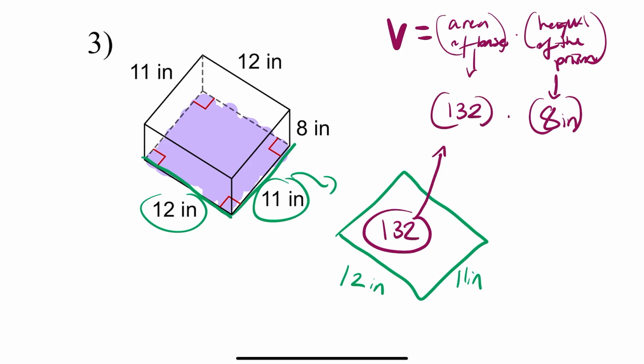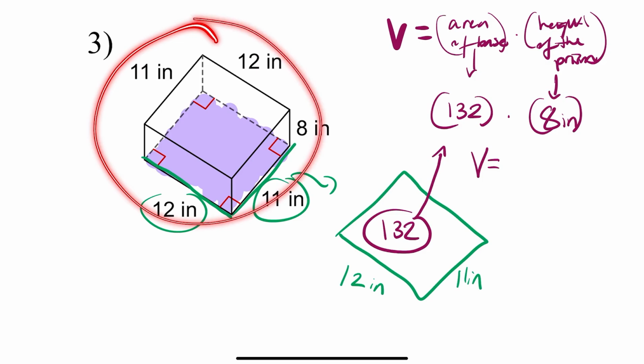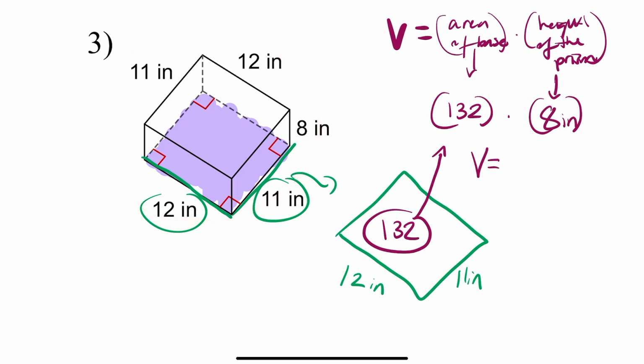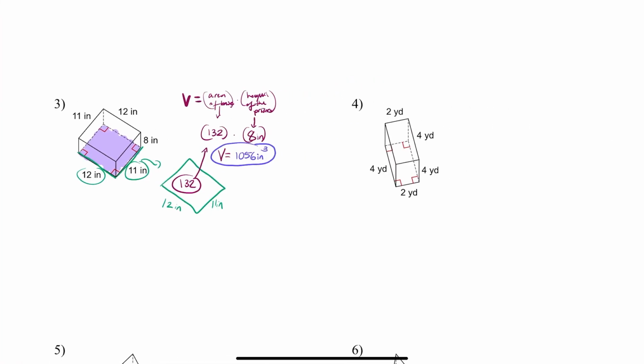And all that's left is to multiply the two together. So 132 times 8. The volume of the whole prism, if I filled that up with some liquid, is 1,056 inches, that measurement, and it's always cubed. All right, you can look at that for a second, but now I'm going to move on.